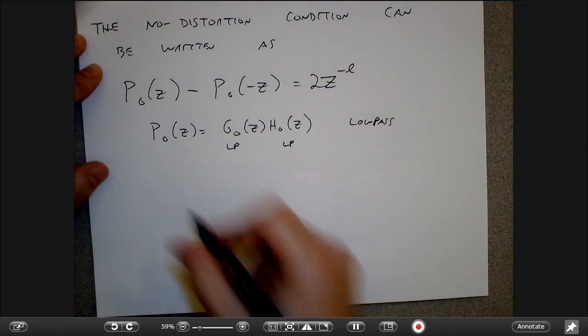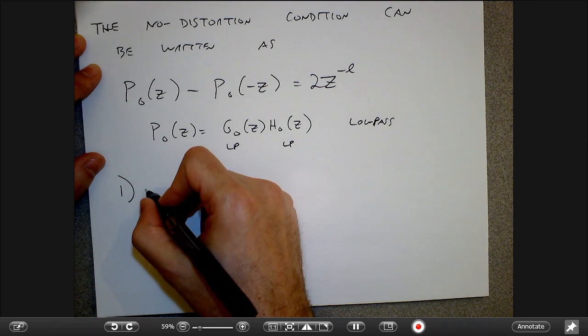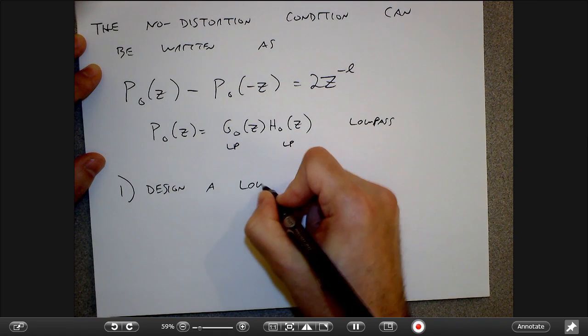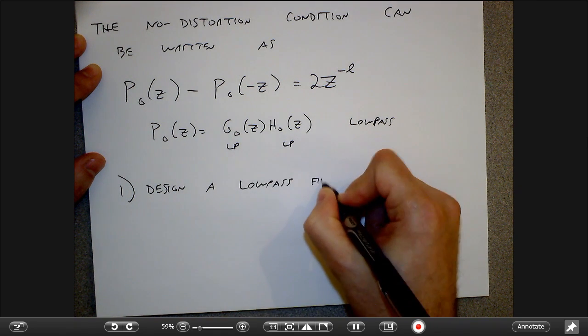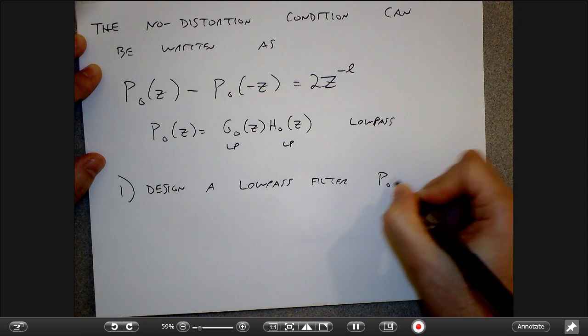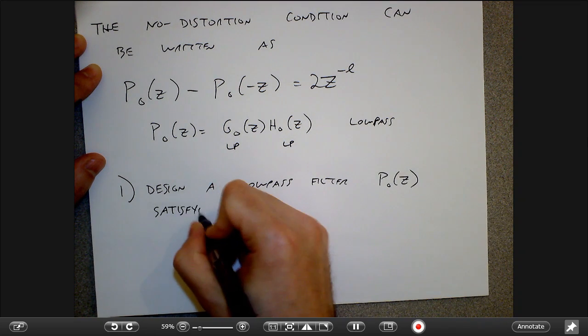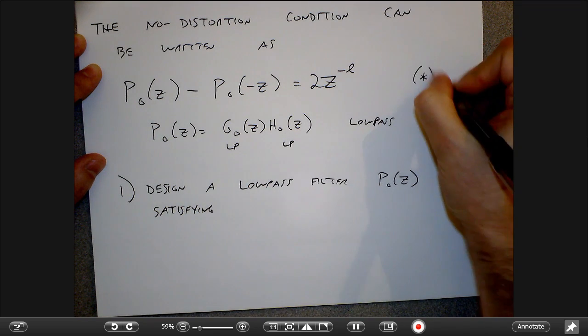And so kind of the name of the game is, number one, I want to design a low-pass filter, P0 of Z, satisfying this equation here.